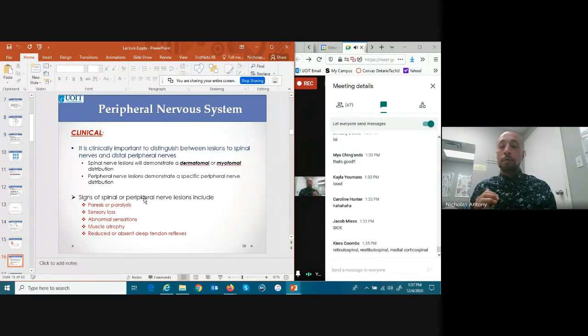They can get injured by repetitive strain, by being crushed, by cuts, or by muscle problems. And when people come in with neurological issues, the way to tell whether it's a peripheral nerve issue versus a central or spinal nerve issue is by the dermatomal or peripheral nerve distribution of that injury.